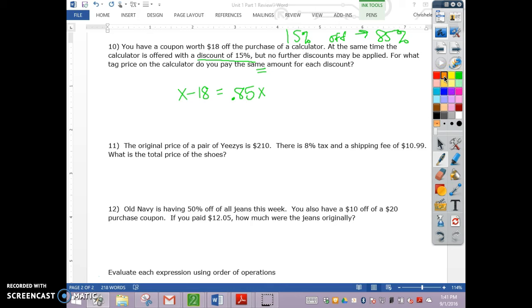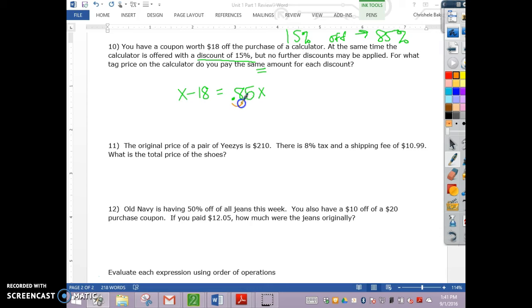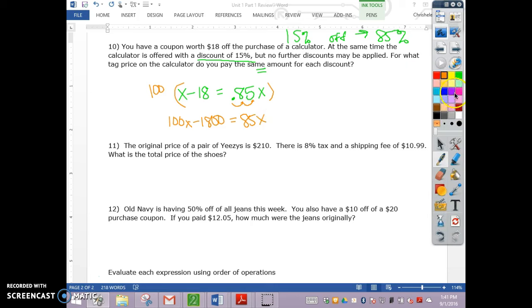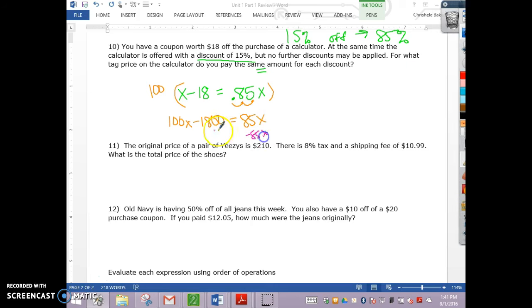And now, what we did in class was getting rid of this decimal by multiplying by 100. If I multiply everything by 100, it'll get rid of that decimal for me and make it a little bit easier. So this will be 100x minus 1800 is equal to 85x. Subtracting 85x from both sides leaves you with 15x minus 1800 equals 0.